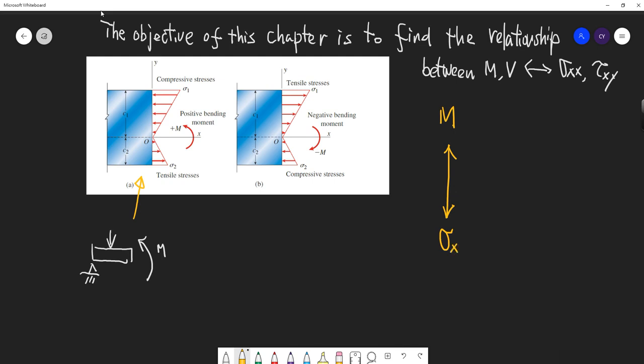And then the sigma x is a function of y. So we can find from the equilibrium equation and find the distribution of stress sigma. So this is our major objective in this chapter.